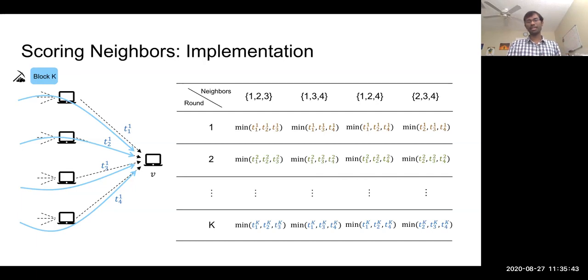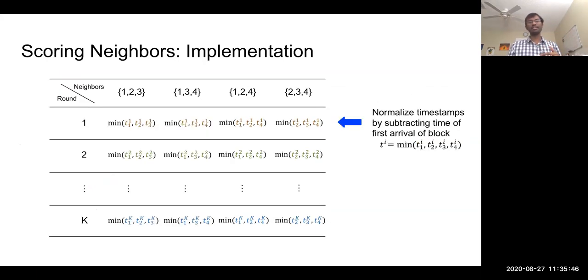So once this table has been populated, we then convert this table of absolute timestamps into a table of relative timestamps. And the way that we do that is, for each block, we look at the time the block first arrived at V, namely the min of this quantity here. So for the ith block, min of T1, T2, T3, T4 is the first time the ith block was received by V from its neighbors.